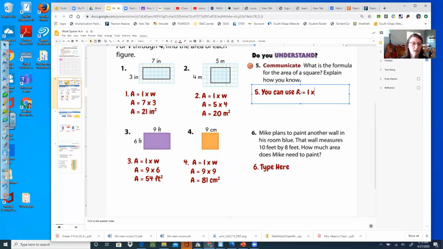Length times width, or A equals side. I'm going to do side times side.